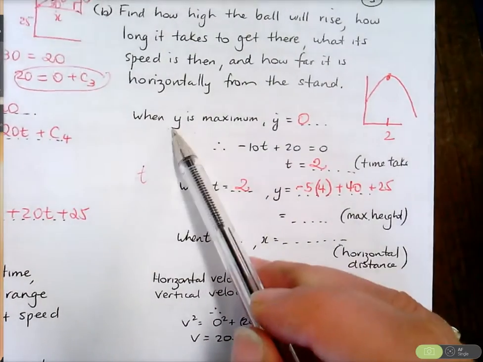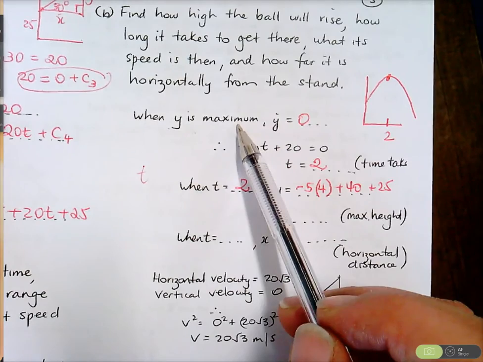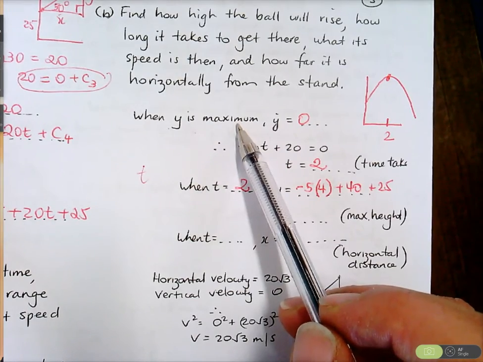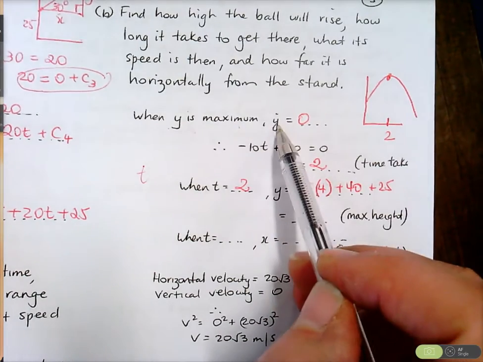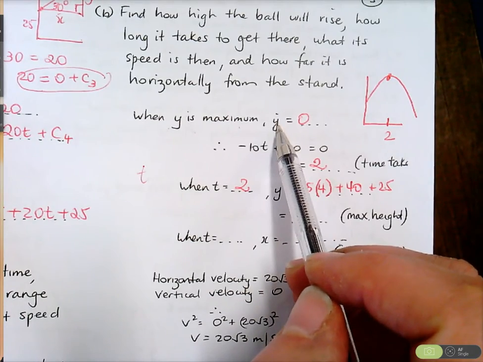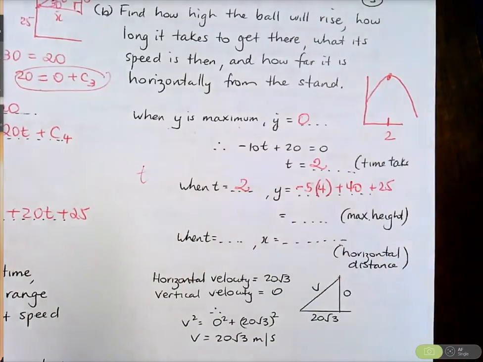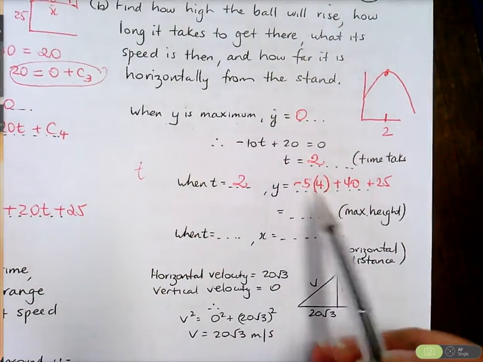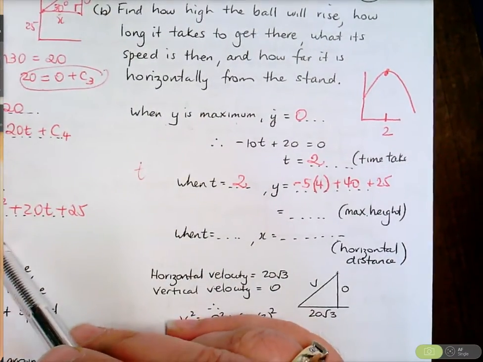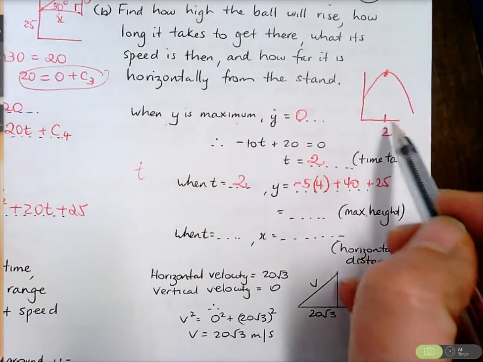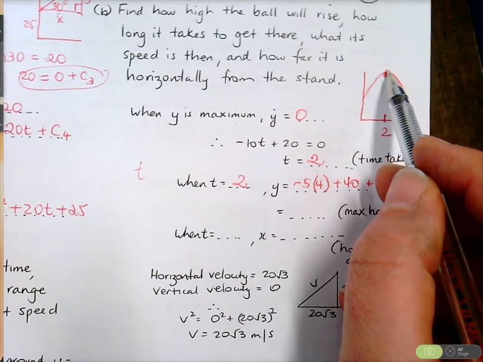Because for maxima or minima, the first derivative equals 0. That's what we're doing. So I have t equals 2, and now I substitute t equals 2 into the y equation. I've worked out the time when I'll get maximum y.